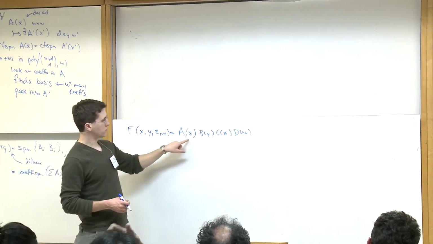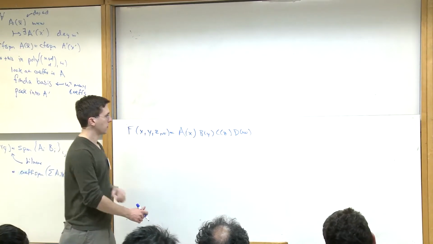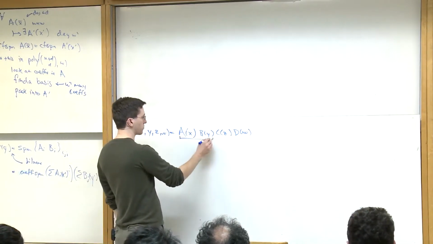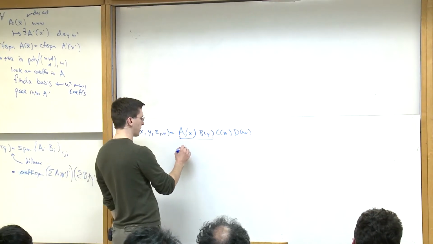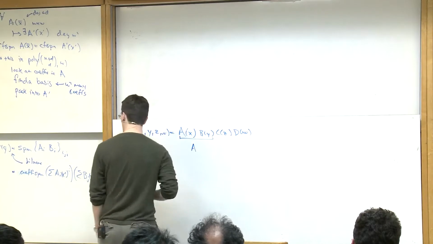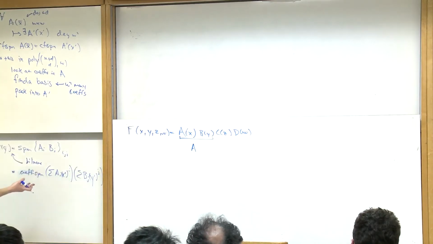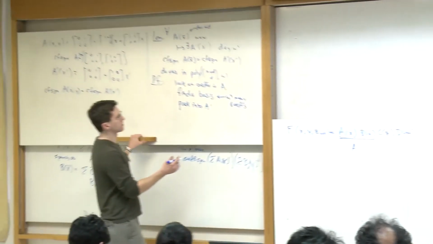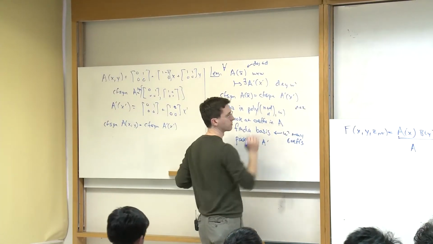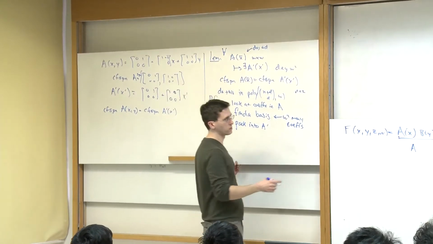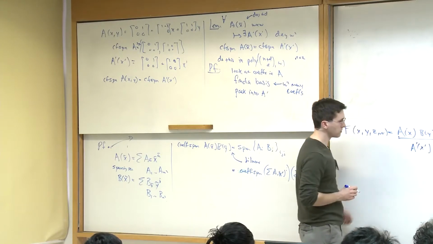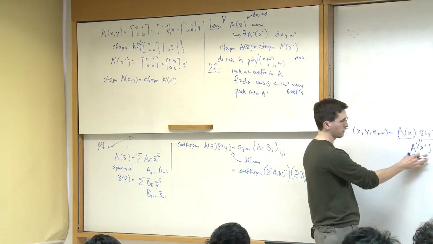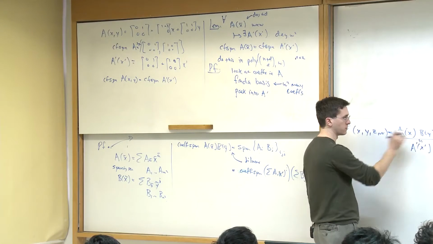The point is that we have two things here, okay? And what we can do is we can say this product, if we take the coefficient span, we can compute basically by what I did here. We're going to use this when n equals 2. Okay, we take two variables at a time, and we can compute here an a prime of x prime, where the coefficient span of a prime x prime is equal to the coefficient span of a times b.